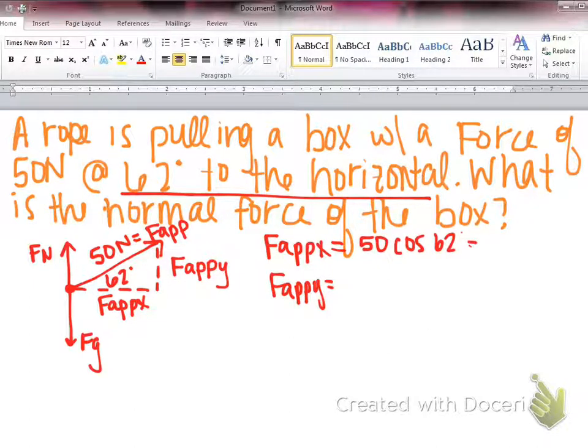Make sure your calculator is in degrees, not radians. Do we agree with 23.5?